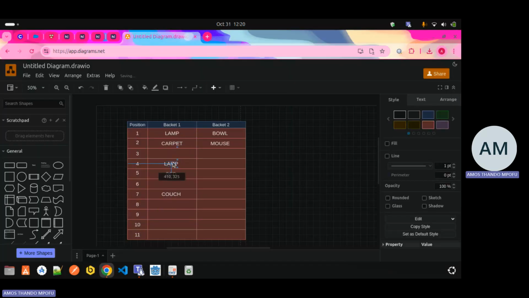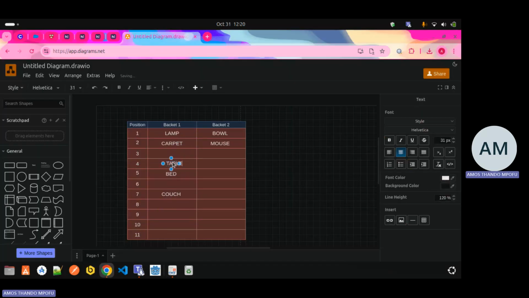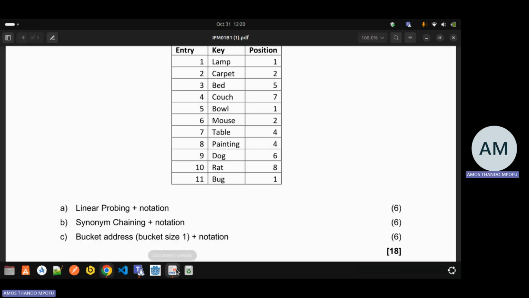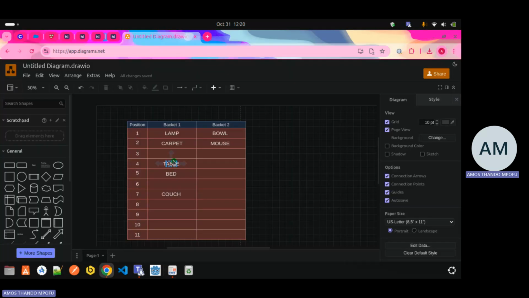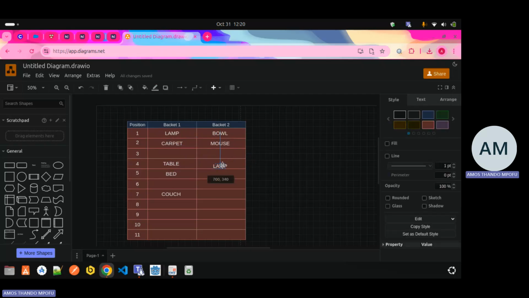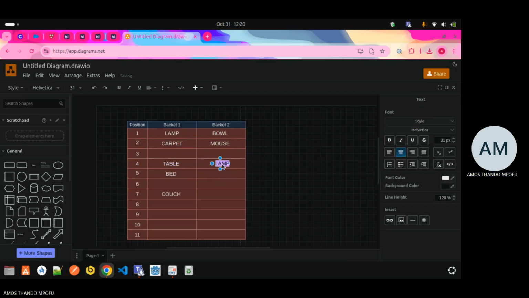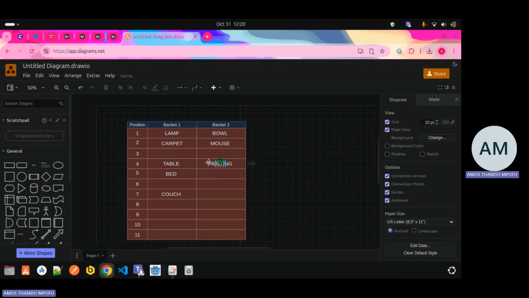So I'm going to go to the fourth and then put table. And then painting is at fourth again. So we have a collision. So it needs to move to the next bucket, in that specific row, row 4.